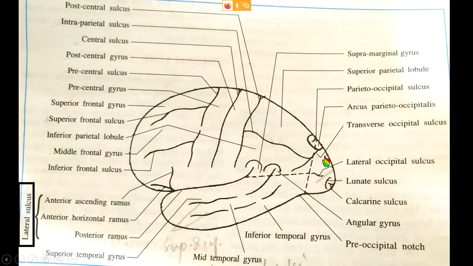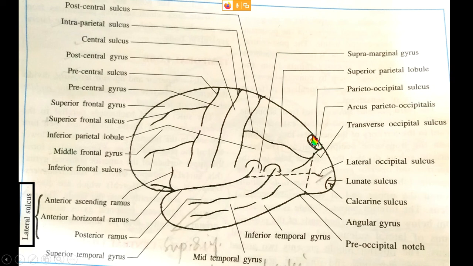Don't panic. The intraparietal sulcus is dividing the parietal lobe into two areas: the superior parietal lobule and the inferior parietal lobule. This area is the superior parietal lobule. Below the intraparietal sulcus is the inferior parietal lobule. Behind the superior lobule lies the arcus parieto-occipitalis, the gyrus surrounding the parieto-occipital sulcus.